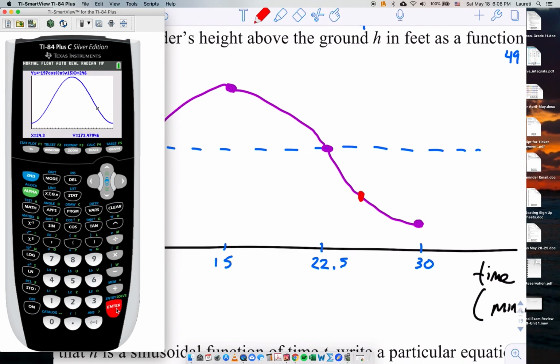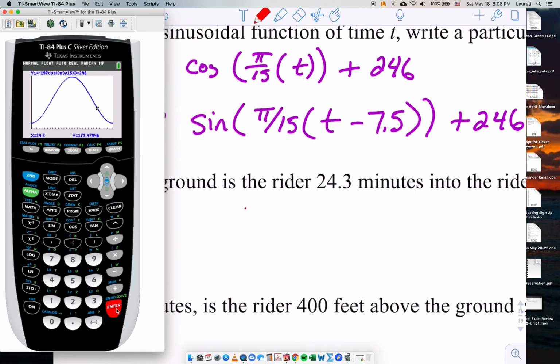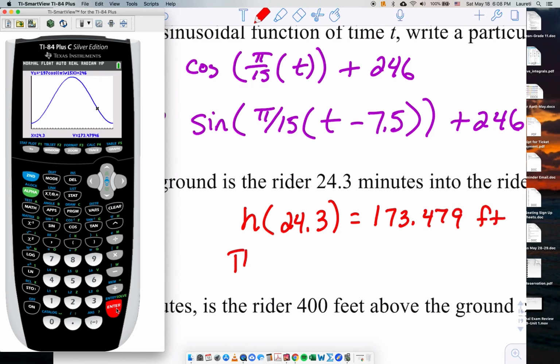And that says 173.479 feet. So h of 24.3 is 173.479 feet, and the rider is going down.